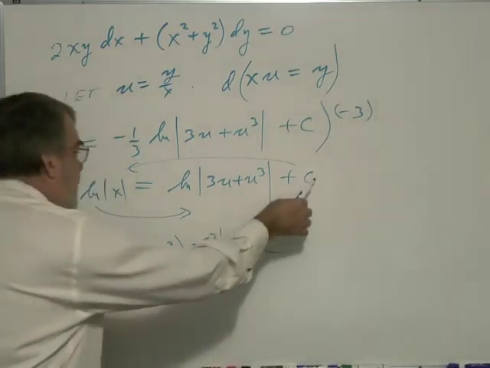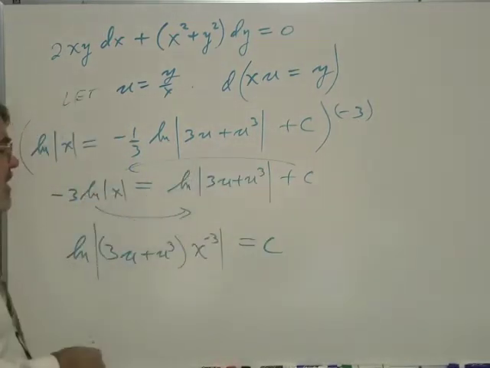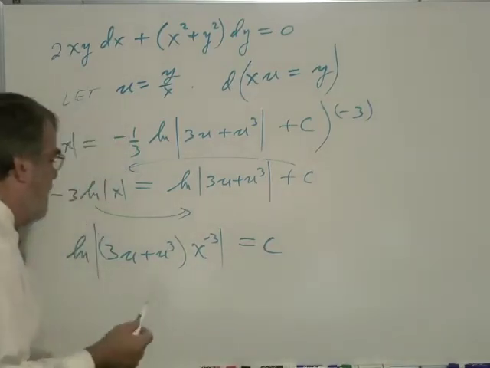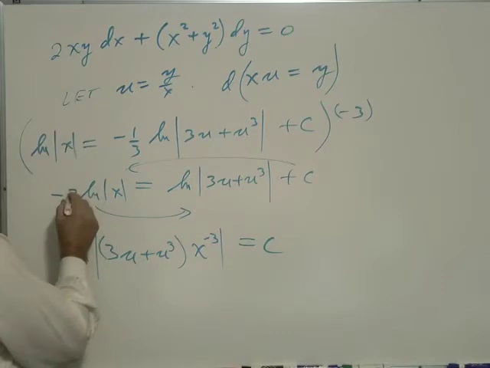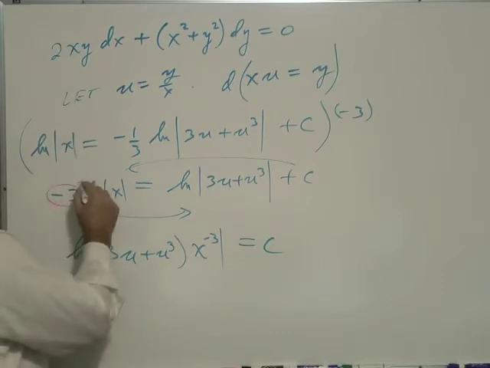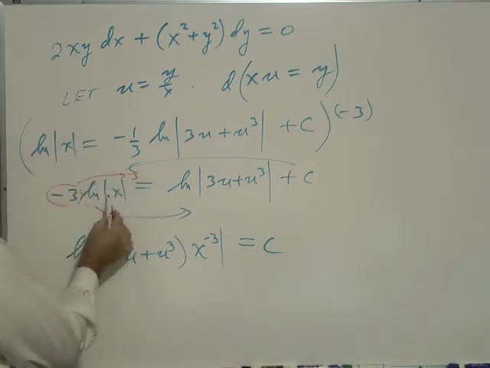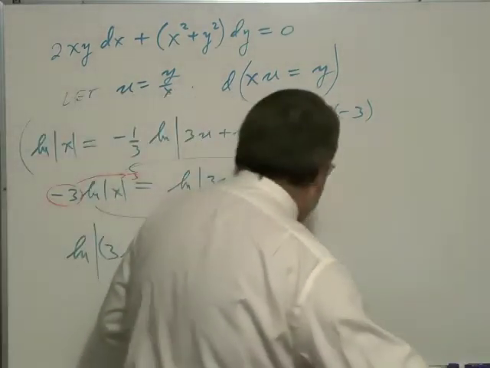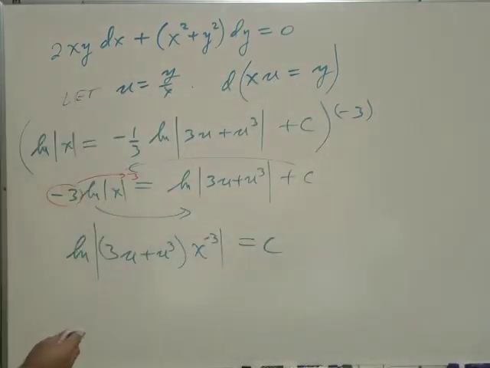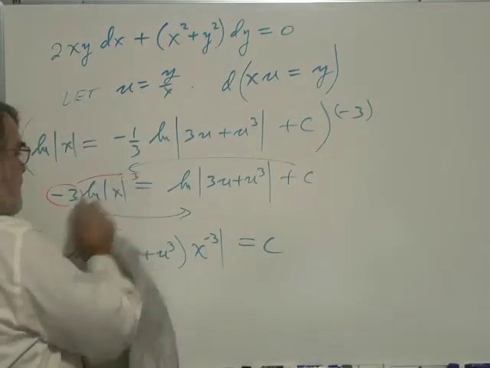So the constant comes to the left, becomes negative c. Well, it's still a constant. I'll call it c. And the logarithm rule says I can take this exponent up here, make it x to the negative third power. I think I made a little mistake cutting corners.